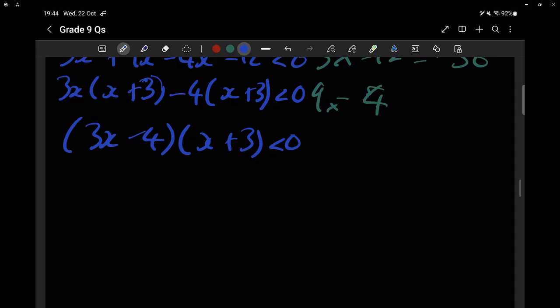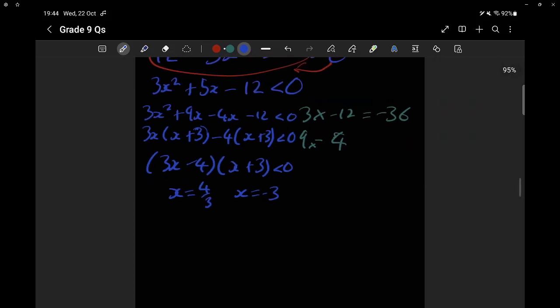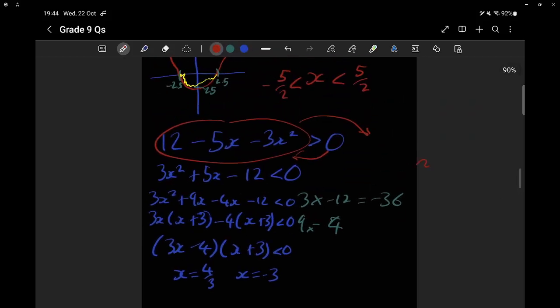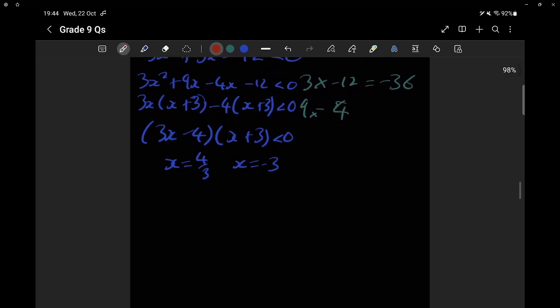Okay, so now we have our quadratic. Let's solve for x. So x is equal to 4/3. x is equal to negative 3. Okay, same thing. Let's now think about the inequality. So less than 0, let's set up the graph, and so negative 3, let's say it's about there, 4/3 about there.